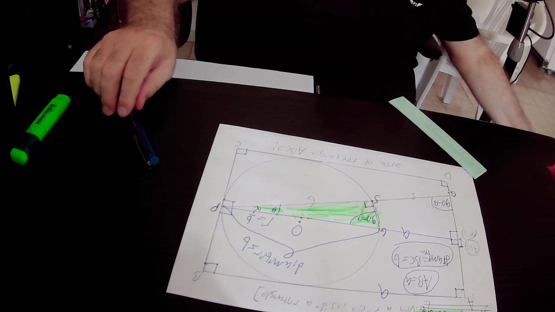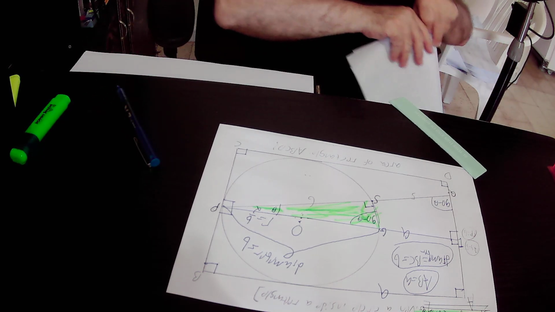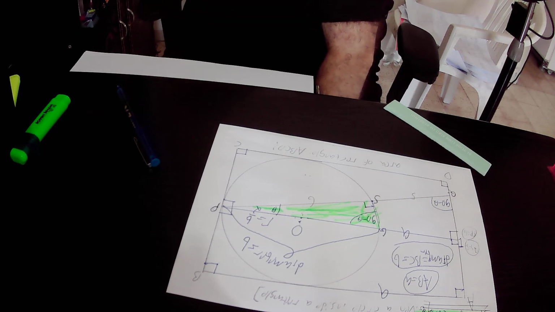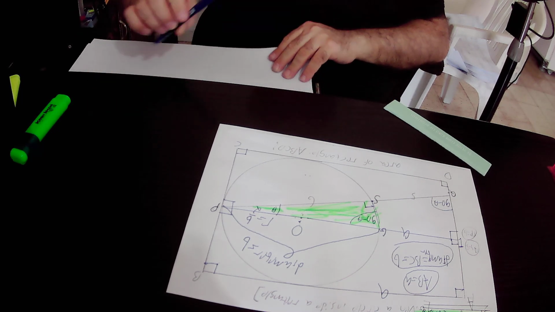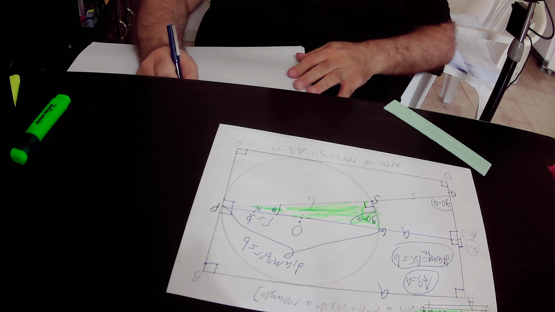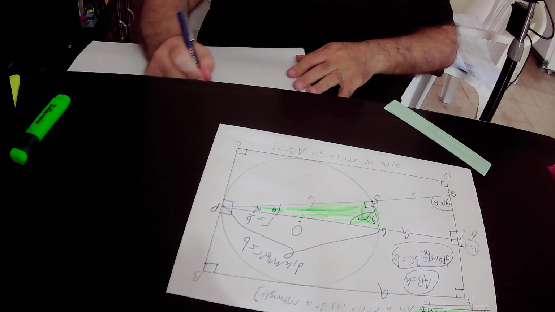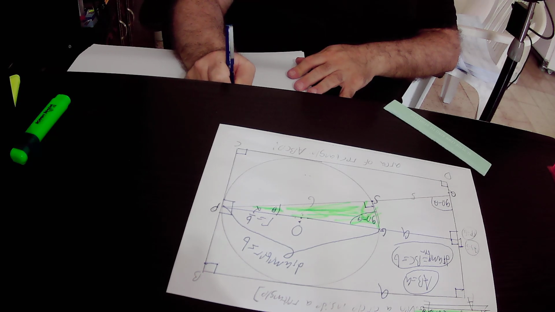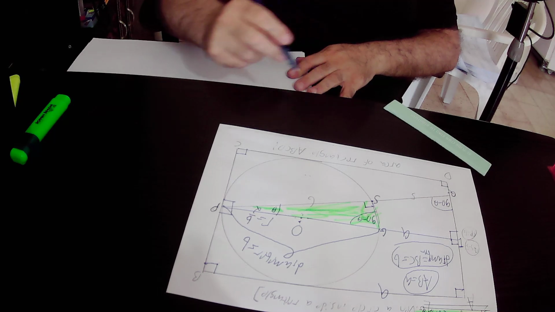I'll write it down. The right big triangle is QTP and is similar to the right green small triangle SGP.